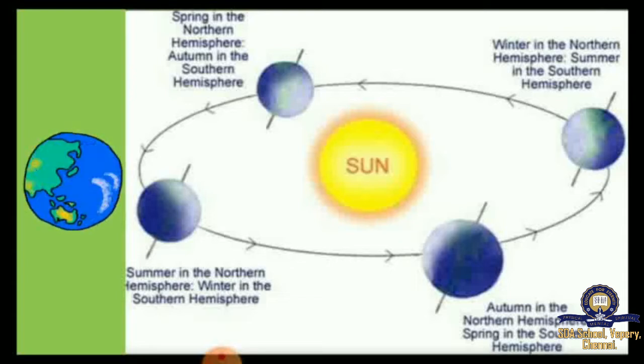The northern hemisphere gets less sunlight. Therefore, it is winter in this hemisphere. In position 4, located at the right side of the sun, the northern hemisphere has winter and the southern hemisphere has summer.